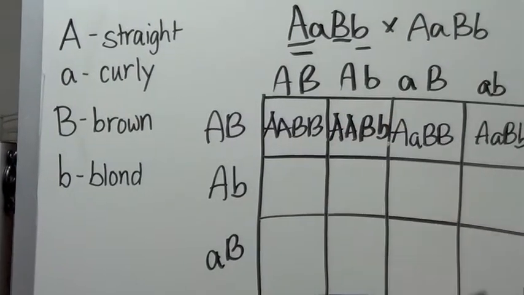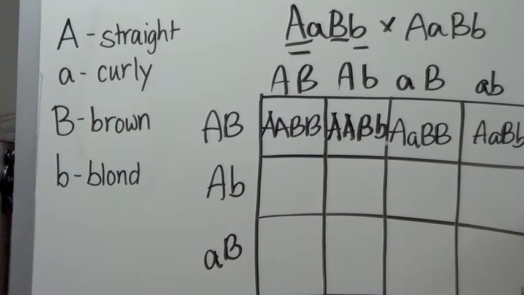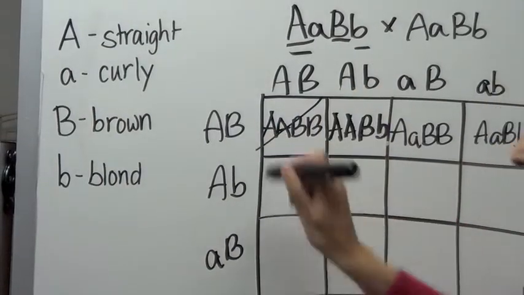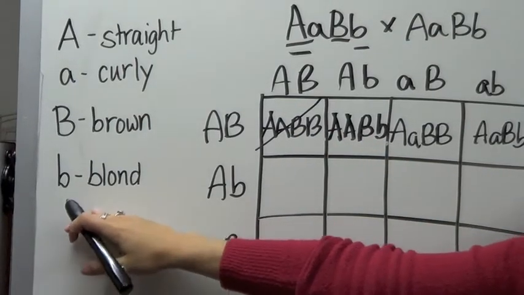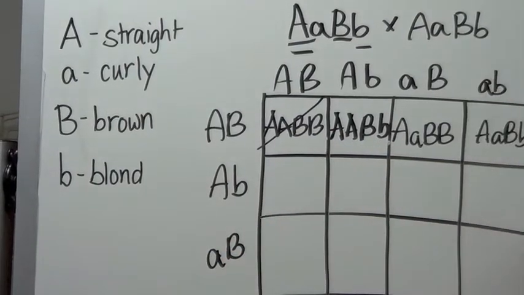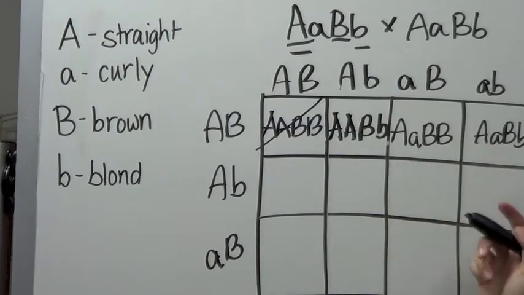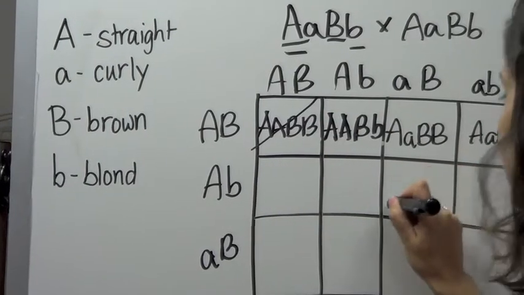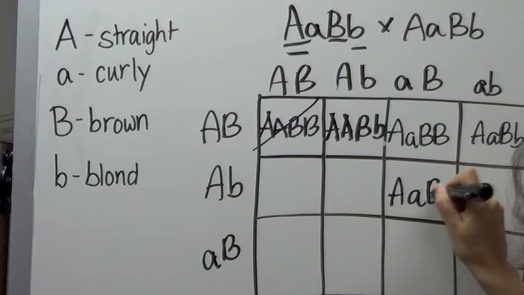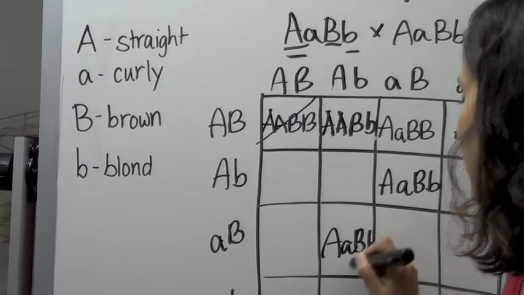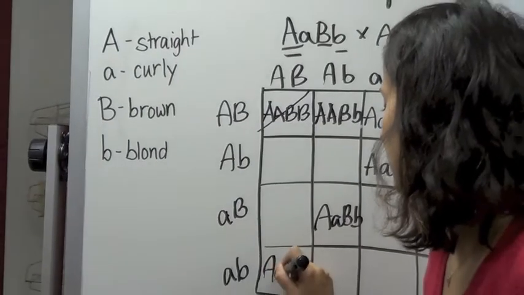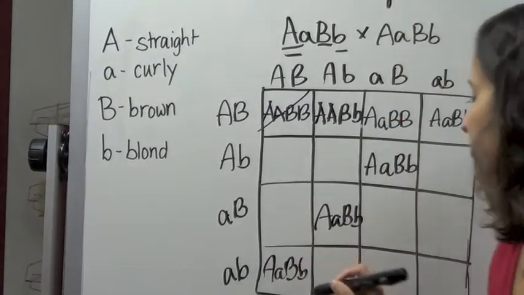As you go along, to make sure that you count all 16 boxes, I would cross them out as I go, so that at the end you end up with 16. Now that may not necessarily be 16 different types. For example, if I were to continue on, I would figure out that 4 out of 16 are going to be heterozygous for both traits.